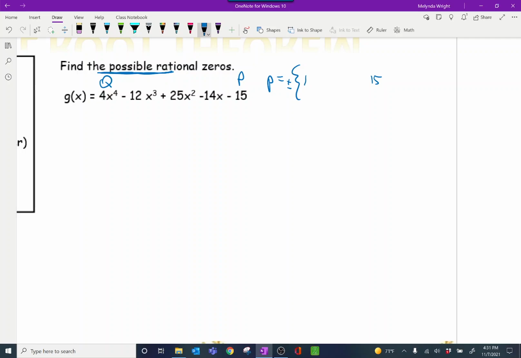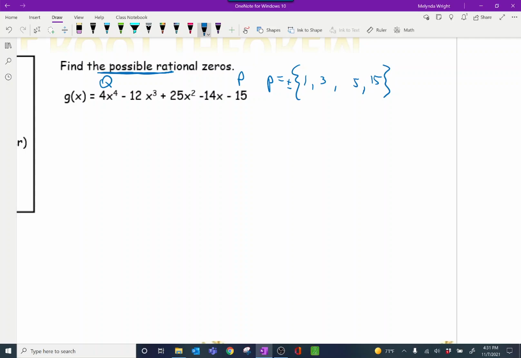Let's see, 2 won't go into 15. 3 times 5 is 15. 4, okay, and that's it. 1, 3, 5, and 15. So those are our factors of 15.